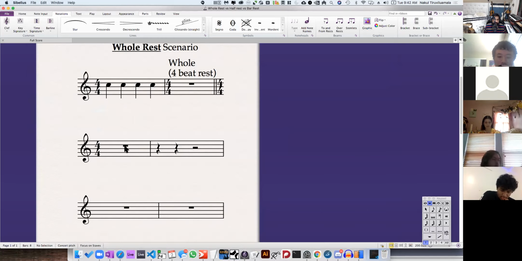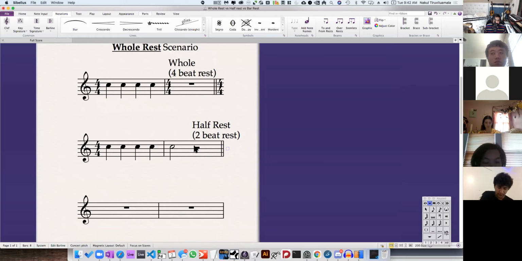Okay, so now let's look at this example. Right here, you actually see what they call a half rest, which is a two-beat rest. One way that you can quickly differentiate a whole from a half rest is that a whole rest is hanging, and a half rest kind of looks like a hat.